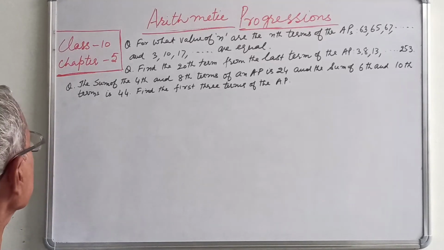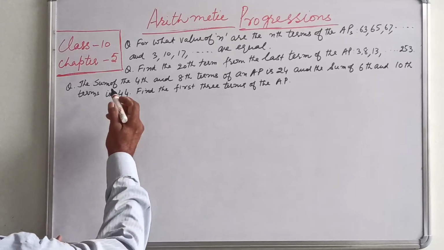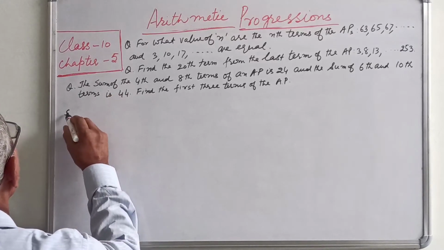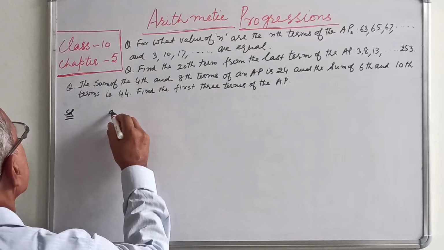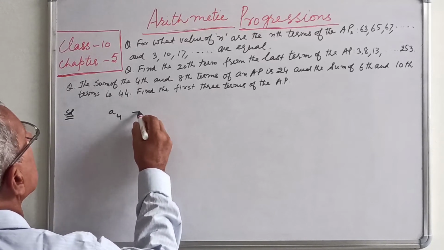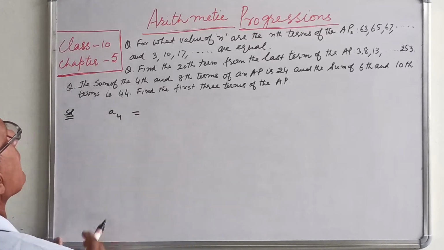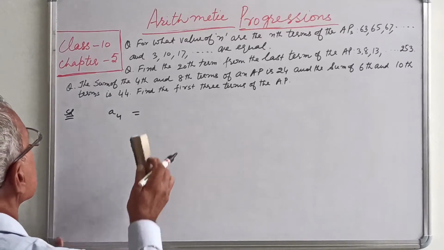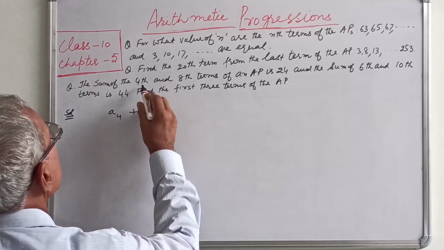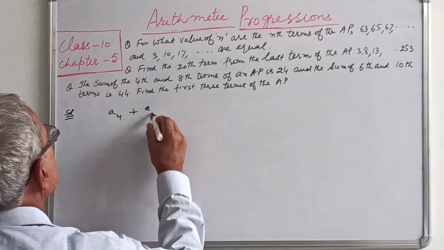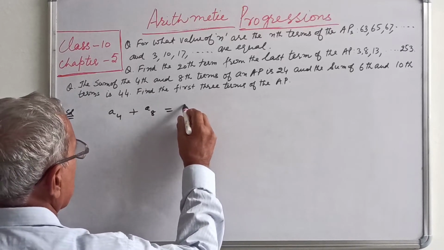So I am taking the third question first. A4 plus A8, the sum of the fourth and eighth terms, is equal to 24.